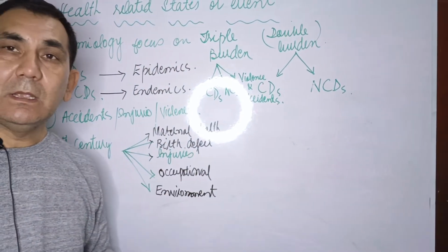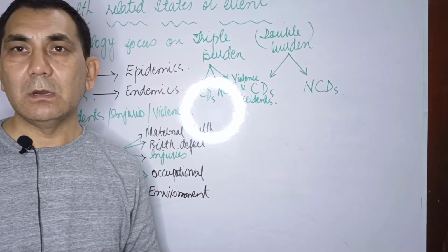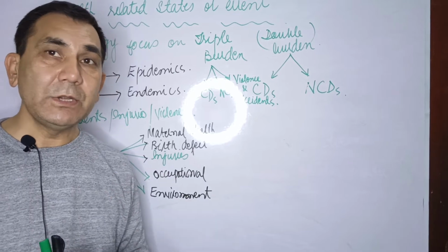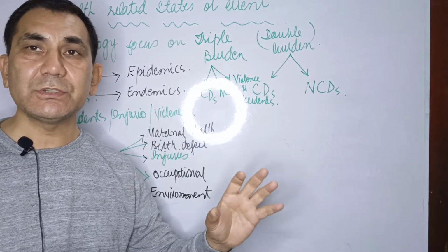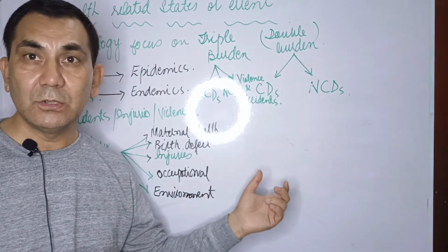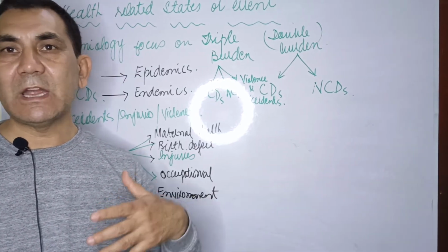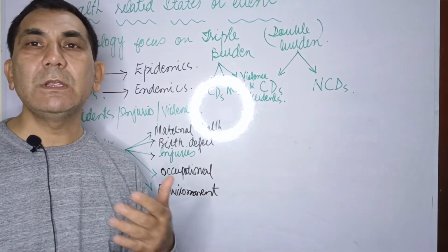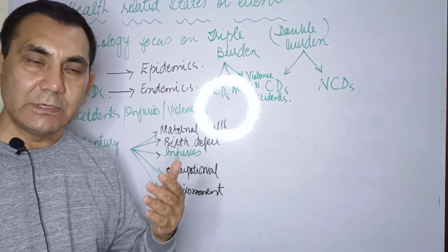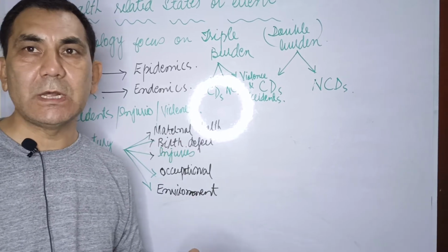So the epidemiologists made preventive measures by conducting research studies on ergonomics. Through ergonomics, the scientific study of work, they come up with different types of devices to decrease occupational hazards.